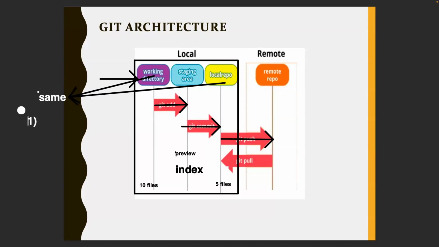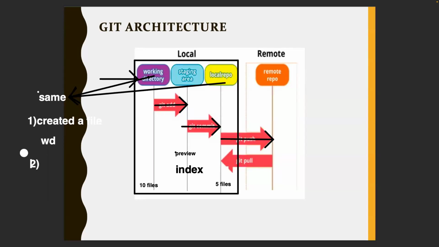Again, what does it mean? Logically they are different. Let me give you an example. Suppose you created a working directory and you just created a file there, or you copied something from somewhere and created a file. It is said to be in the working directory.